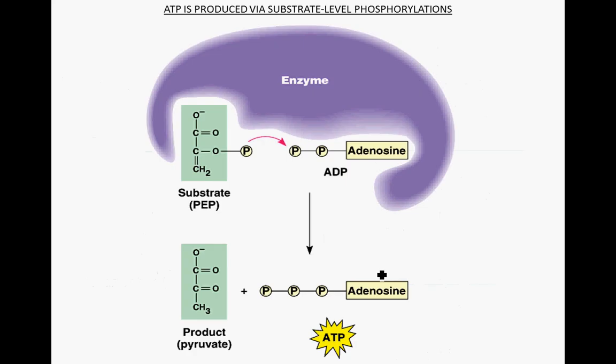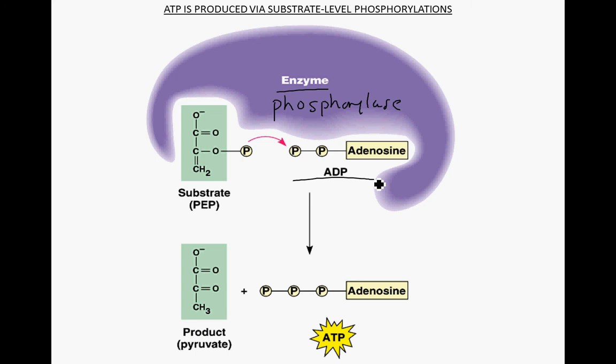Lastly, substrate level phosphorylation. Some of you are asking about this. What's going to happen here is that there's an enzyme that's going to be a phosphorylase. Phosphorylase describes what it's going to do: it's going to phosphorylate ADP. And where does it get the phosphate from?